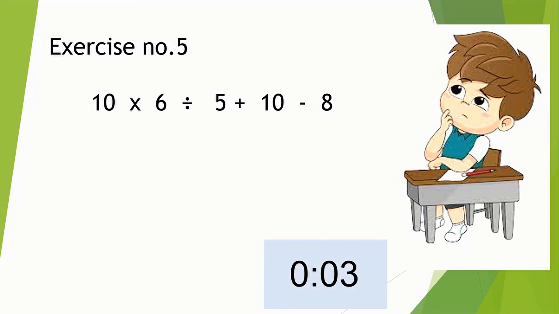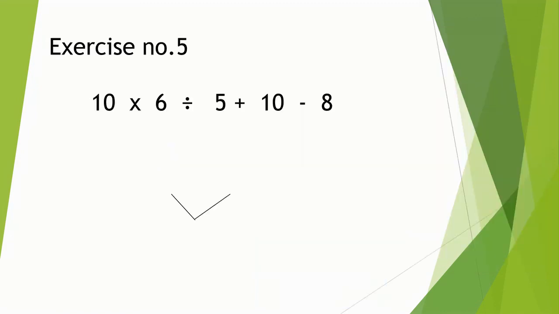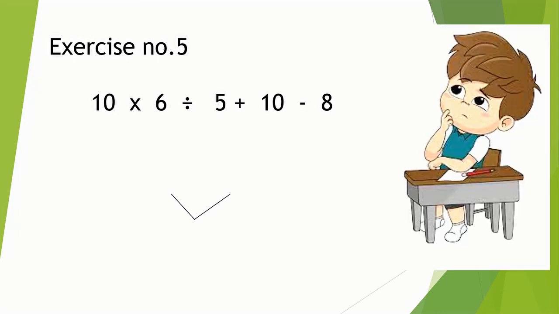So let's find out. We have exercise number 5. We're going first to do rule number 1: 10 times 6 is 60, divided by 5 plus 10 minus 8.